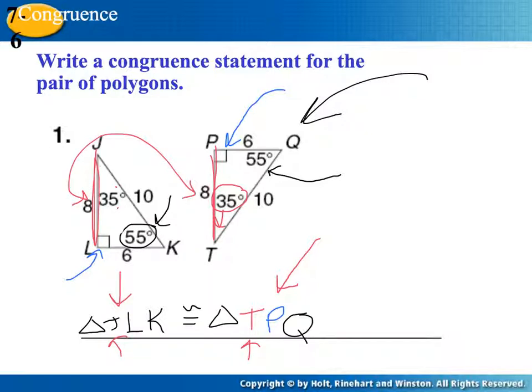They're the same. So if I write triangle JLK is congruent to triangle TPQ, it is in the correct order, meaning it goes a 35-degree angle, 90-degree angle, 55-degree angle. On the other side, 35, 90, 55. Everything depends on that congruent statement.